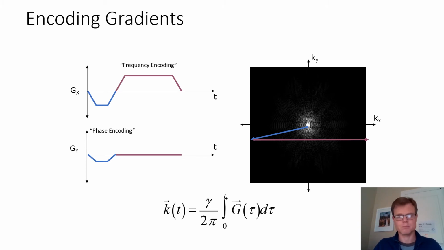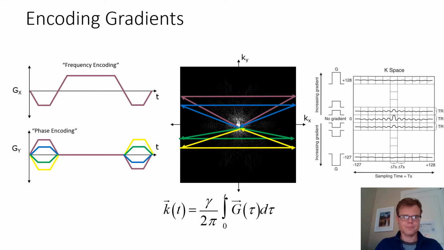So now putting these side by side, this is where that picture you've seen before comes from: as we increment our phase encoding gradient in the k-space perspective, we're going between these different lines in the ky dimension.